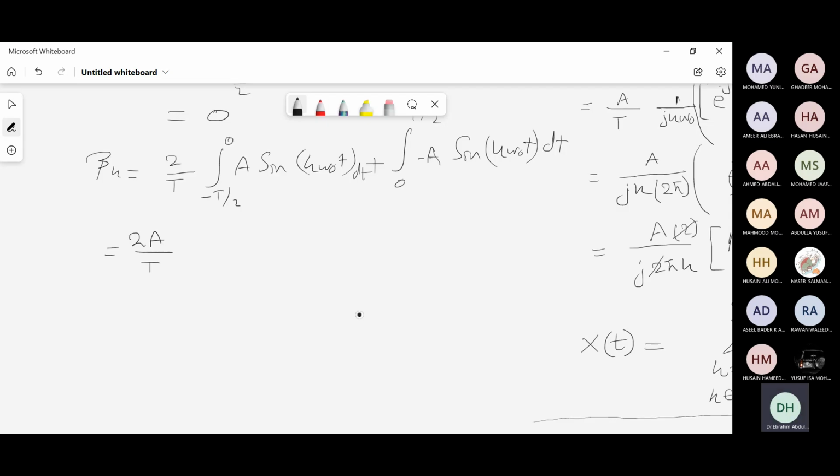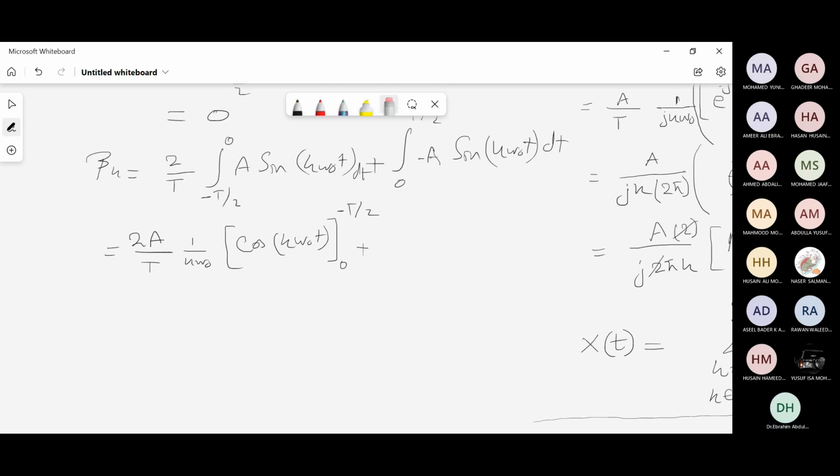From the first part, integration of sine is cosine: cosine k omega naught t divided by k omega naught. Integration of sine is equal to minus, so either put a minus outside or change the limit. So it's minus, from minus t over 2 to 0, plus.